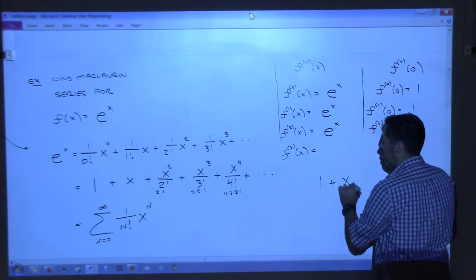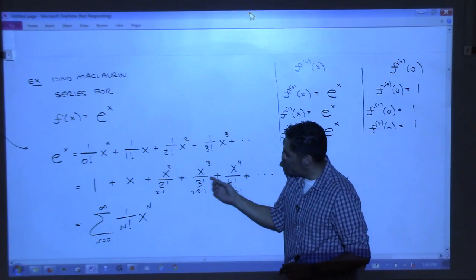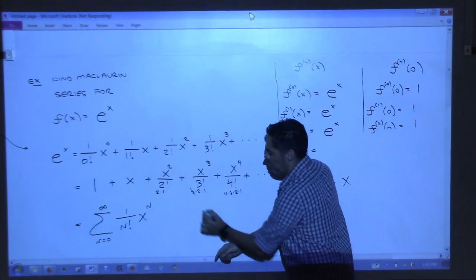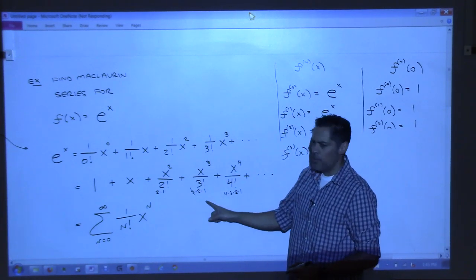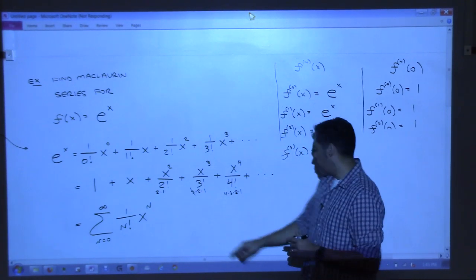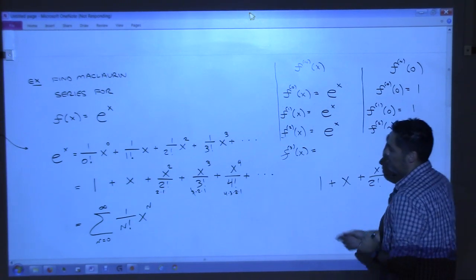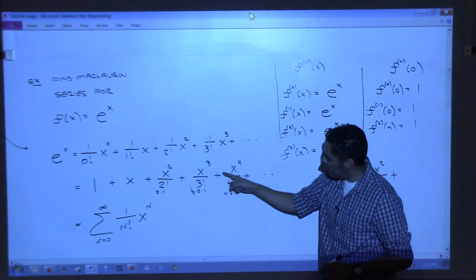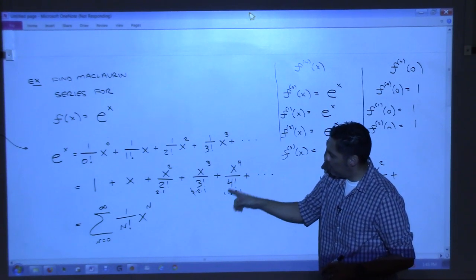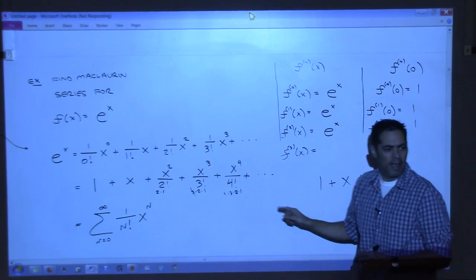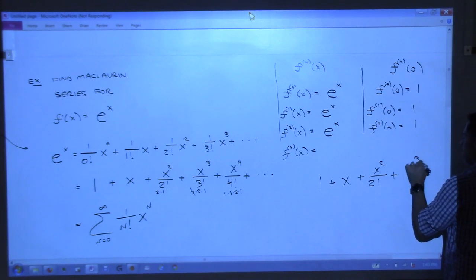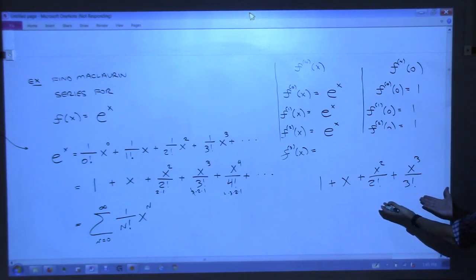Just x. So then what would the derivative of this be? 3 would come out, cancel that 3 out. You'd have an x squared on top, and what would be left on the bottom? 2 factorial. And then what would the derivative of this one be? So 4 comes out, cancels with that 4. You'd have x cubed over 3 factorial. And what is this?